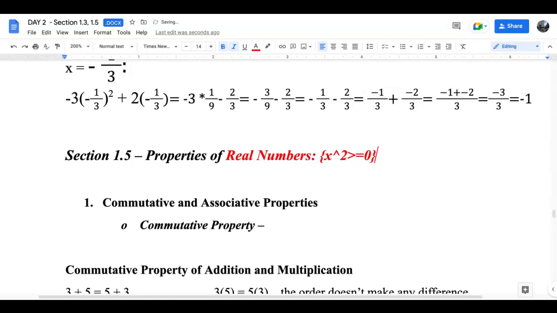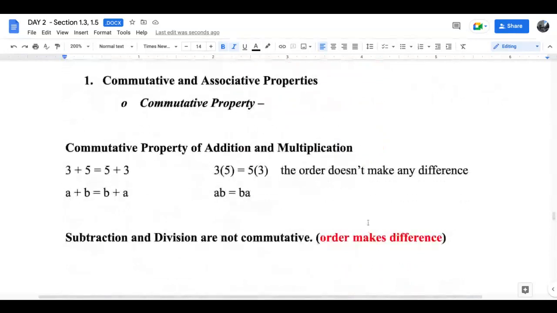It has to be greater than or equal to 0, which means at least 0. When you square a number, or multiply a number by itself, it cannot be negative. That's the definition of a real number.